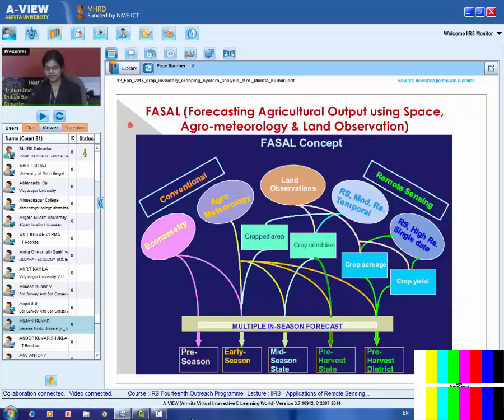So in the Ministry of Agriculture, one new center has been started, MNCFC, Mahalanobis National Crop Forecast Center in New Delhi. Now they are using Fasal for the crop yield estimation or crop acreage estimation for operational basis.